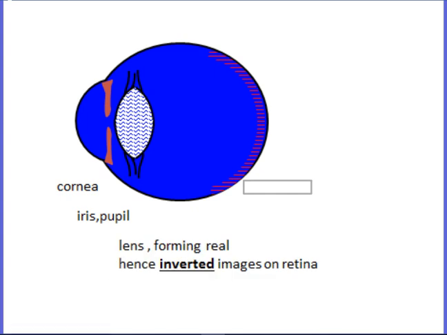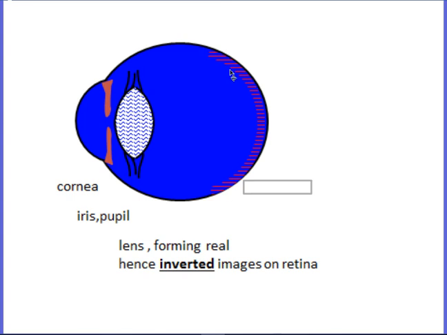Following the iris and pupil, you have this lens, which you can change the shape of. When you flex the muscles around it, that pulls it thin. When you relax the muscles around it, that causes it to get fat. And remember that fat lenses bend the light a lot and thin lenses bend the light less.